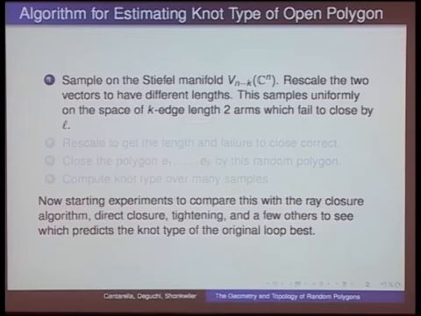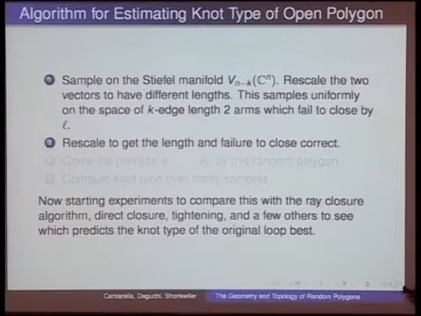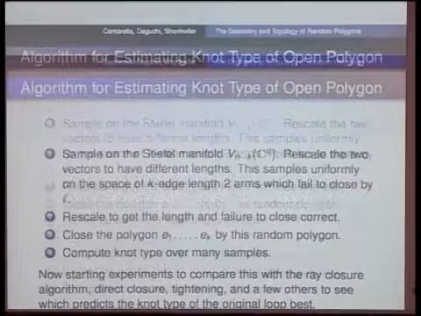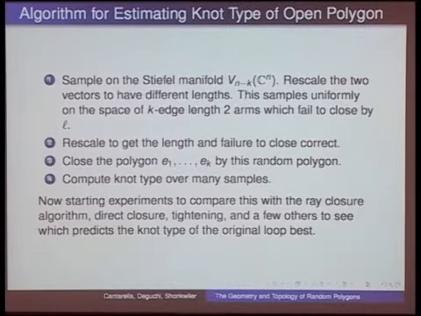You generate a closed thing and then an orthonormal frame, and then you rescale the two vectors appropriately. That gives you something that fails to close in a particular direction by a particular amount. You rescale it, close your original arm with this new random arm, and then compute the knot type. And you do that over zillions of samples.